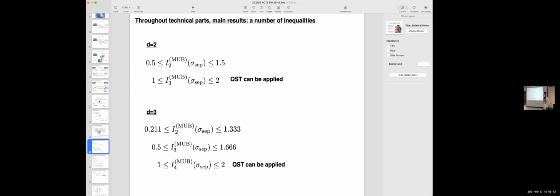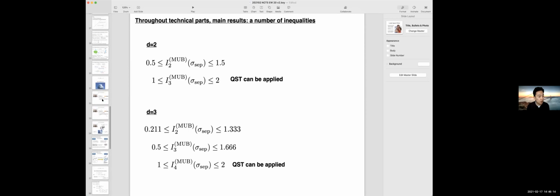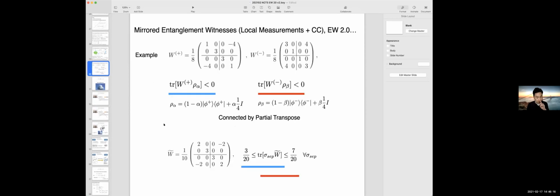So, okay, here these 2 witnesses are actually non-optimal, and therefore this witness can detect this entangled state, and this W minus can detect this type of entangled state. But once I make W plus optimal, then the other one, a mirrored one, W minus, is a trivial one, which is a positive operator.